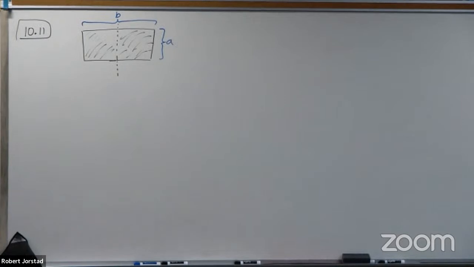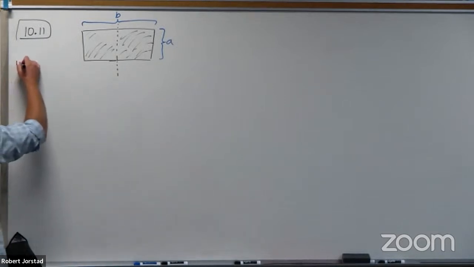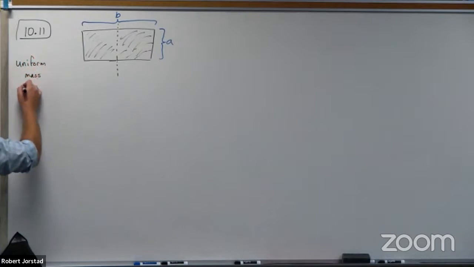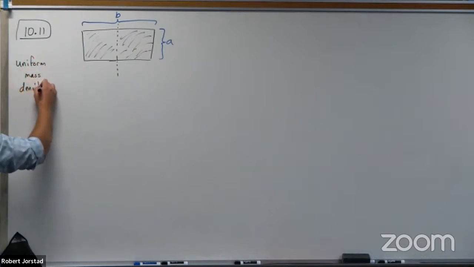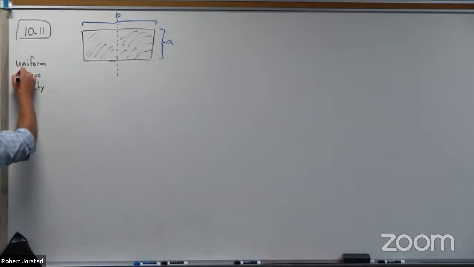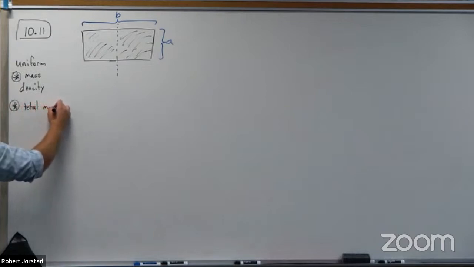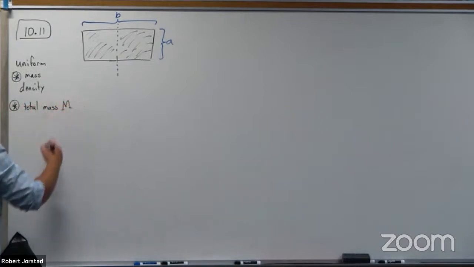We're told uniform mass density, total mass M. I think I used capital M. I'll try to be consistent. We're going to rotate it about the y-axis.